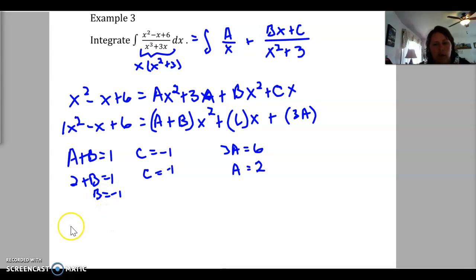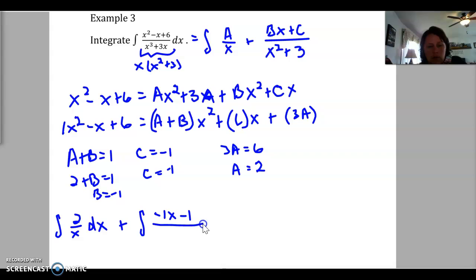So what we end up needing to integrate is the integral of 2 over x, and let's separate all of these out, dx, plus the integral of -1x minus 1 over x squared plus 3.